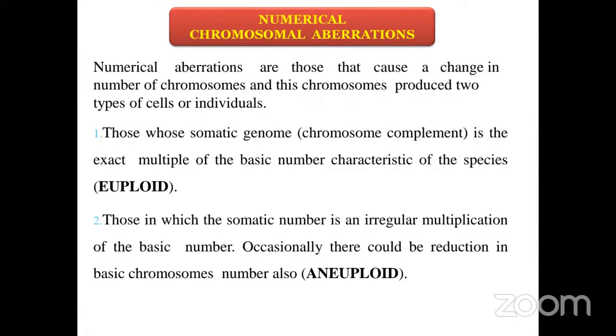For example, if I expect 42 chromosomes in rice and I see only 41, or only 40, or 44 instead of 42, it is a kind of aneuploidy. Aneuploidy means a change in the chromosome number, and euploidy means a change in the entire genome, the entire set of n chromosomes.